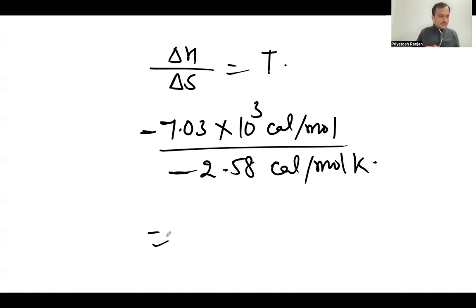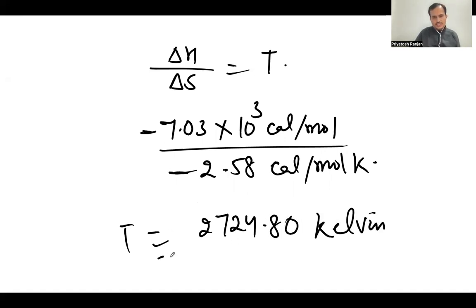What is the temperature going to be? Using the calculator, you will find the temperature equal to 2724.80 Kelvin, which you can consider as 2725.